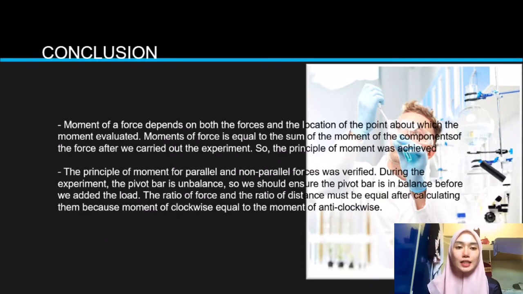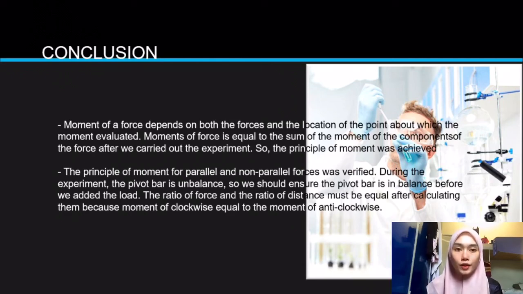The last slide is the conclusion. The moment of a force depends on both the force and the location of the point about which the moment is evaluated. The moment of a force is equal to the sum of the moments of the components of the force. After we carried out the experiment, the principle of moments was achieved, and the principle of moments for parallel and non-parallel forces was verified.